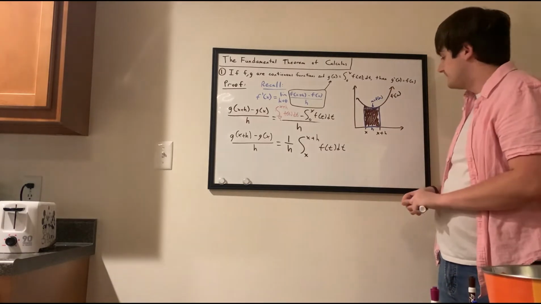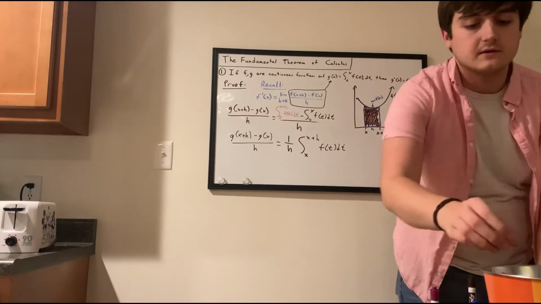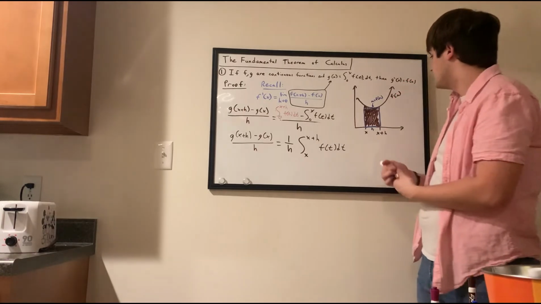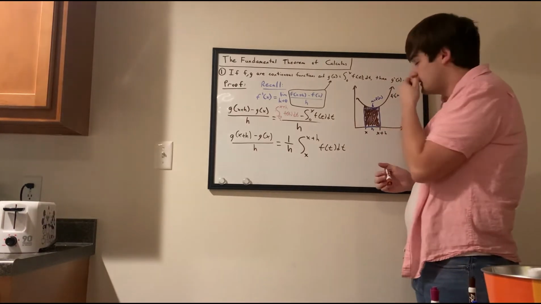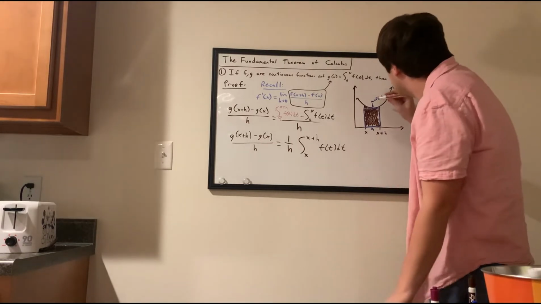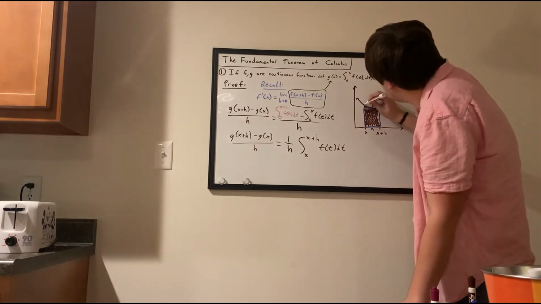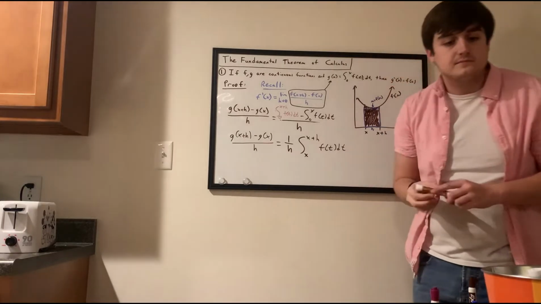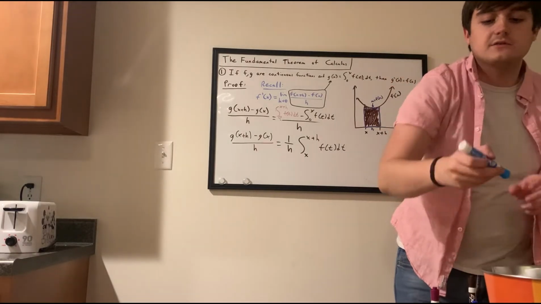I can use the same sort of thinking to talk about a maximum value. In this case, it looks like our maximum value is going to happen about here. I'll use a different color so you can see it a little clearer.